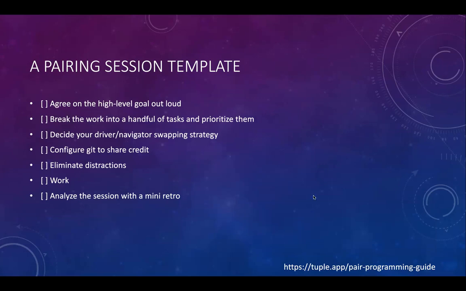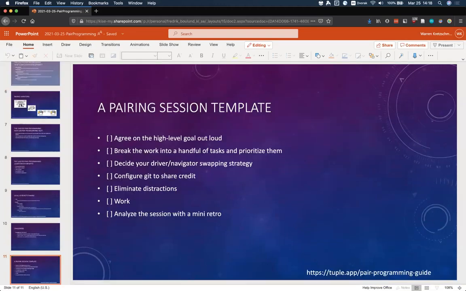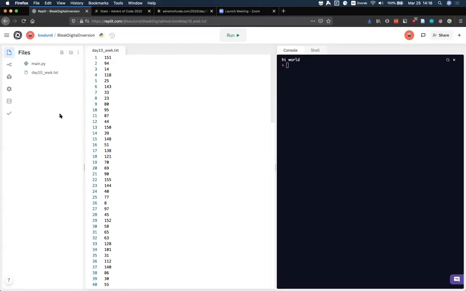Okay, cool. Then let's get started with our pairing session. So Fredrik and I both like Advent of Code, and we thought we would just do one of the Advent of Code problems. For those of you who don't know, Advent of Code is something that happens every year during Advent, in December.